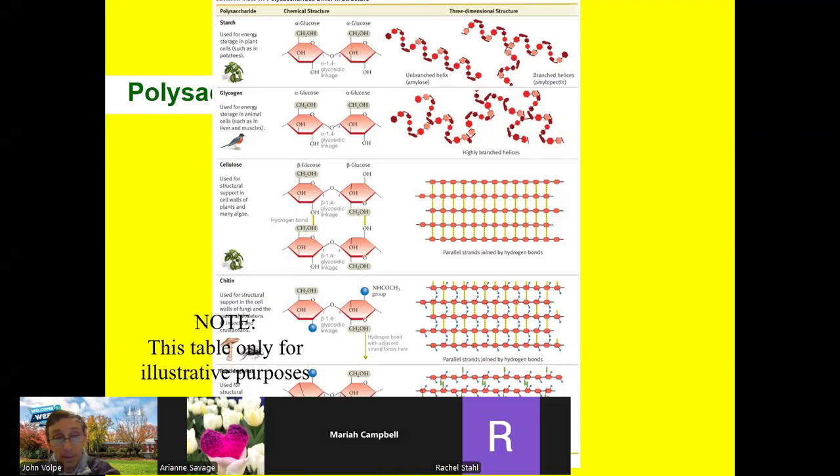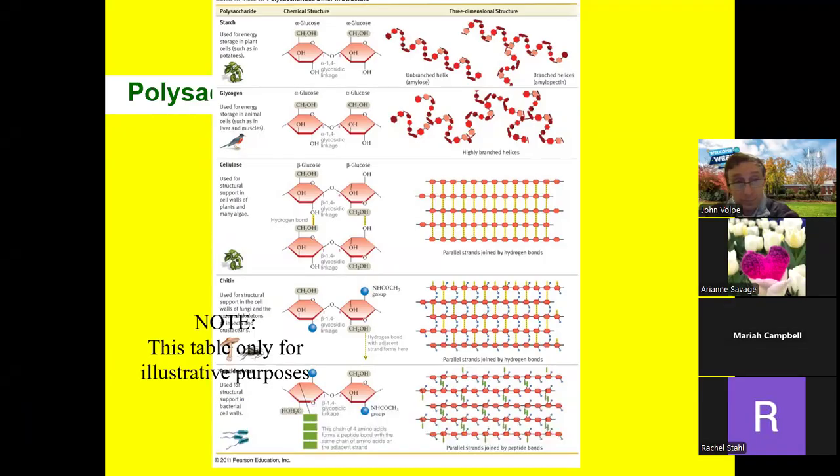We will talk a little bit about this one here, the peptidoglycan. It does have some sugars in it. It's largely a sugar, and then there's chains of them, but it also has peptides linking the sugar chains together.